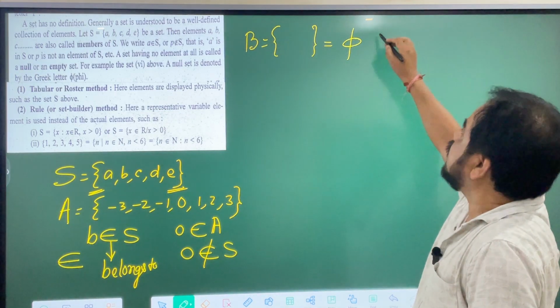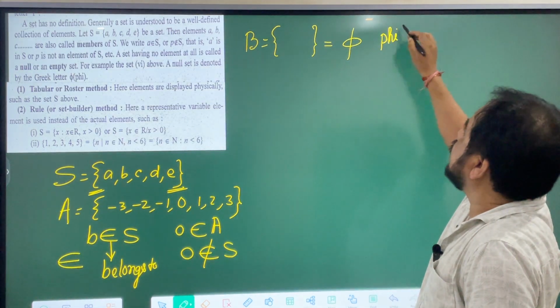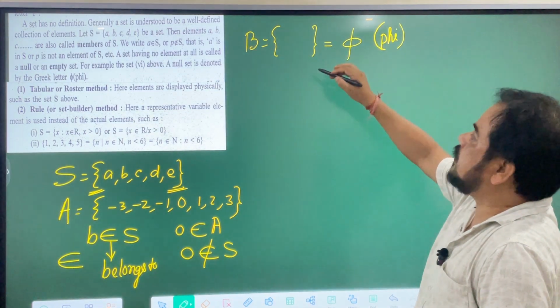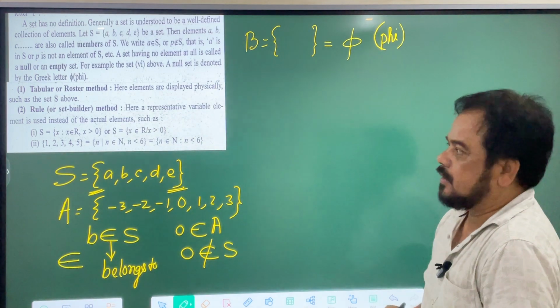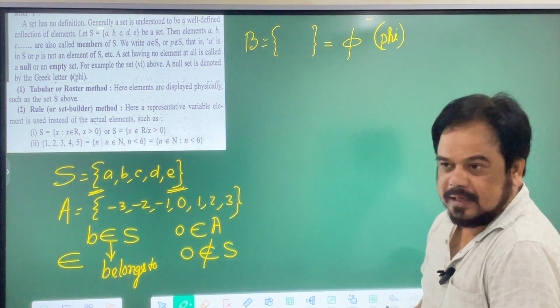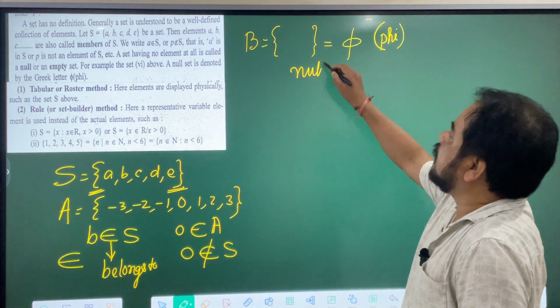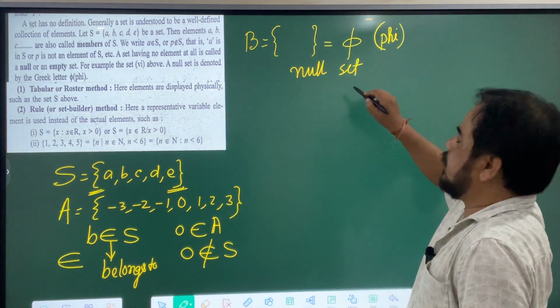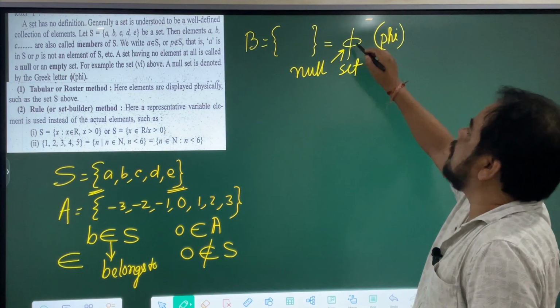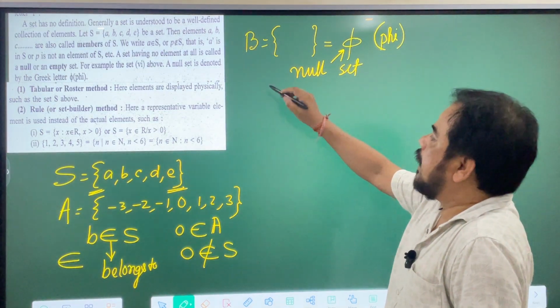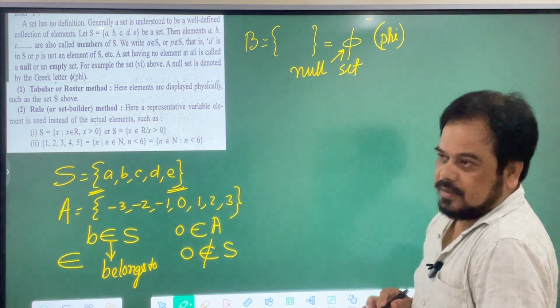This is the Greek letter phi. Whenever there is an empty set, no elements in the set, that set is called a null set, which is expressed by the symbol phi. That means phi is called the null set.